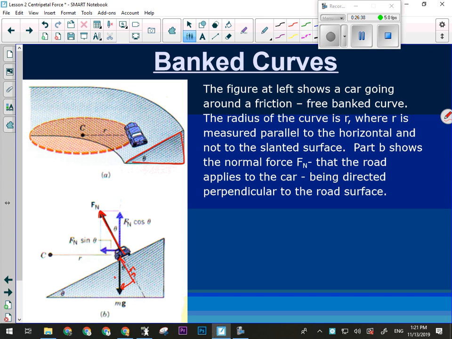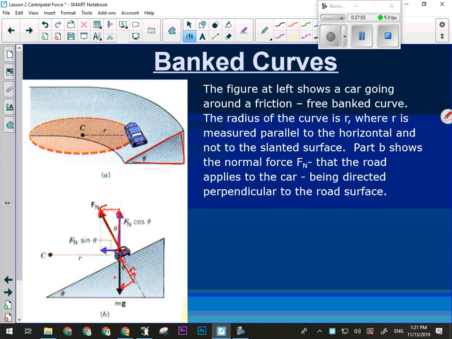And then we've got this force here, acting straight up. Since the car is not moving up or down, this straight up force has got to be equal to a downward force, which is gravity. And then, across the top, we have a force that's directed towards where? Towards the center.